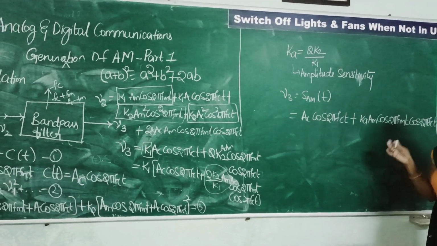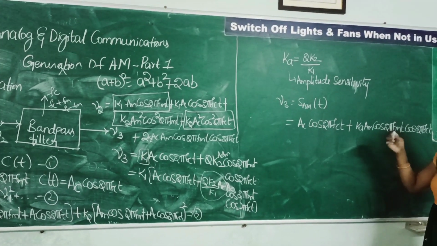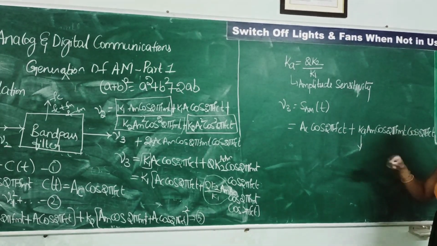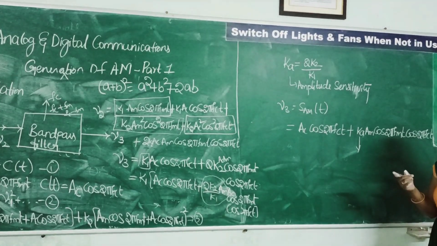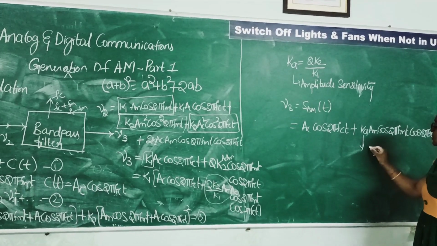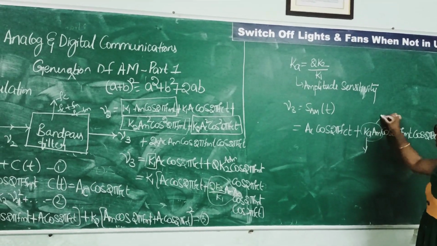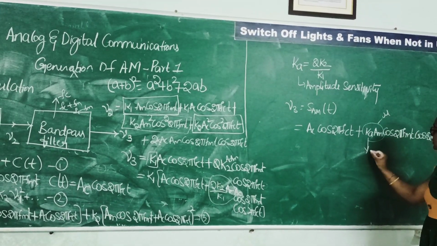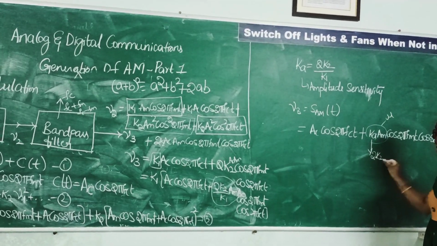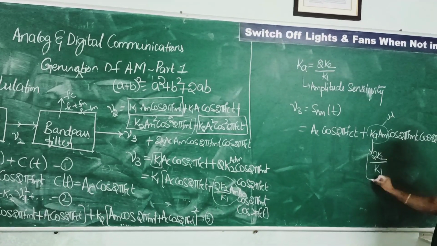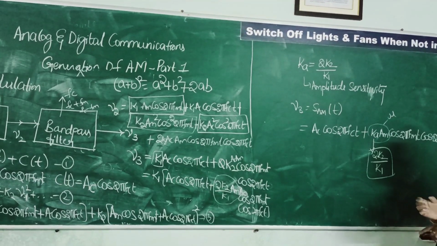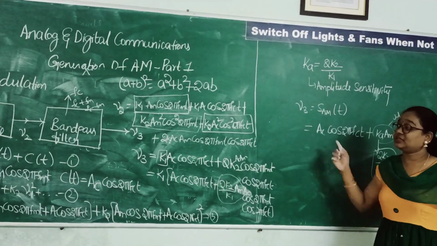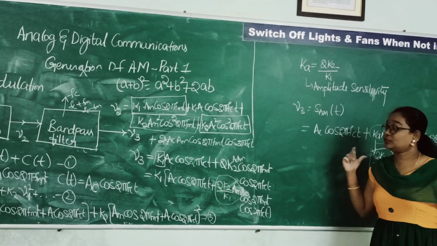Hence this is the way we generate the amplitude modulation, with this ka differing. Previously we took ka as mu. Now we are going to take ka as 2K2 by K1. So this is the difference between the original amplitude modulation and this square law generated amplitude modulation.